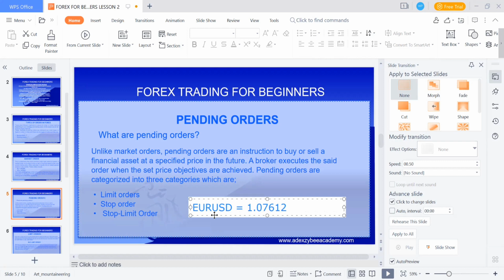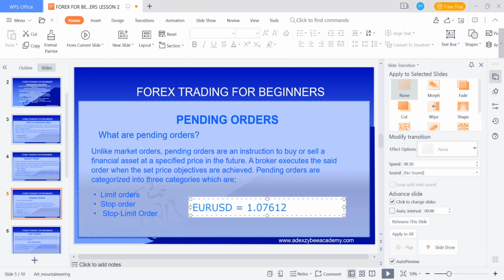Let's say currently EURUSD is, I'm just citing an example, 1.07612, and you believe that it's going to drop still, to let's say 1.0512, before it starts going up. So you don't want to start buying it at 612. Okay? You don't want to start buying it from there.